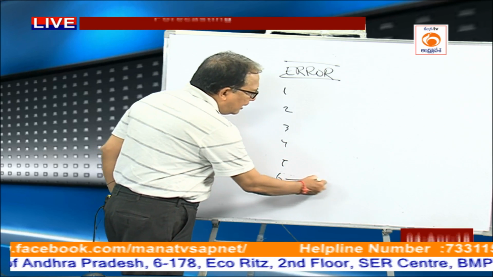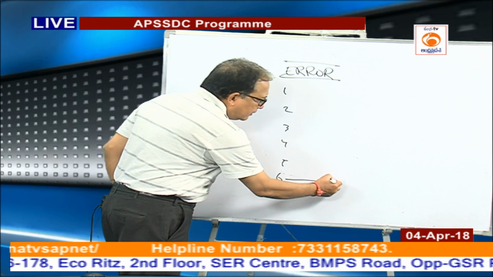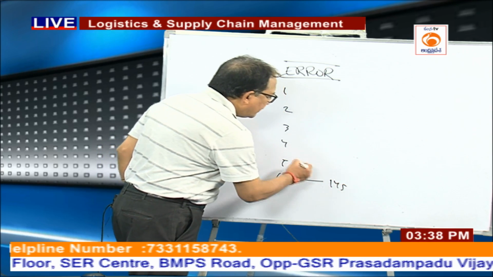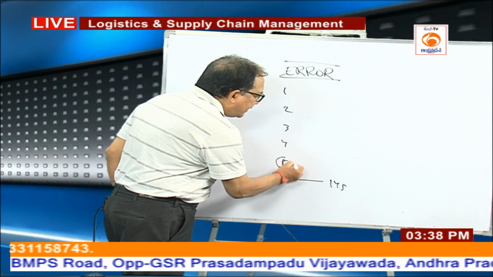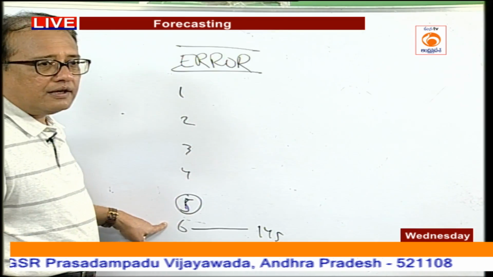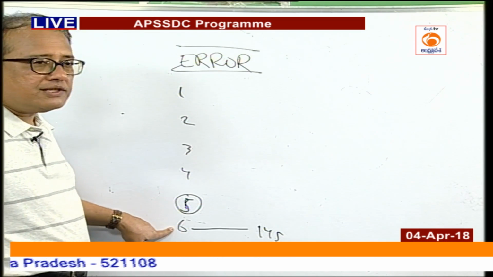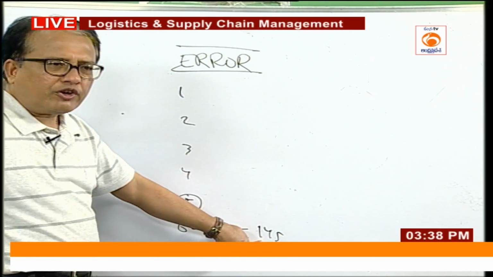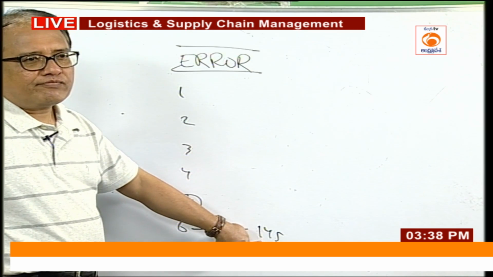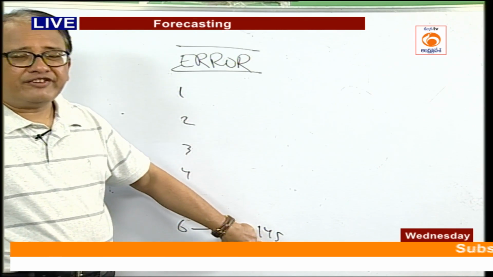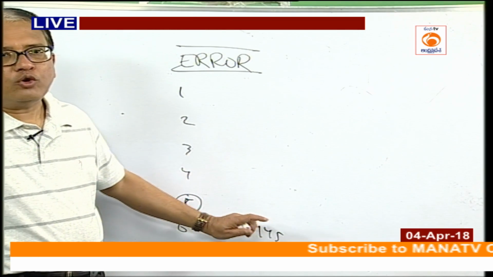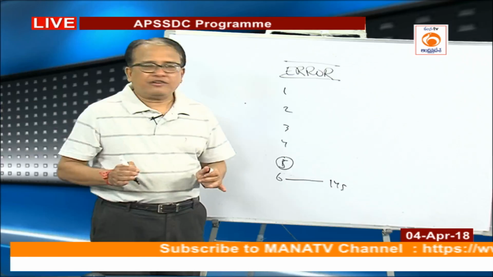So, I can see my demand, say 145, but I would have predicted in period 5 what my demand would be in 6. So, did I predict 145? Did I predict 140 or 150 or 200 or 80? I do not know. Is there a deviation?